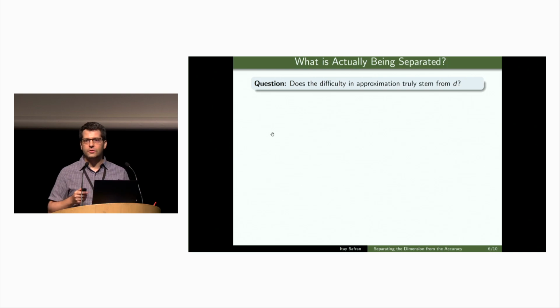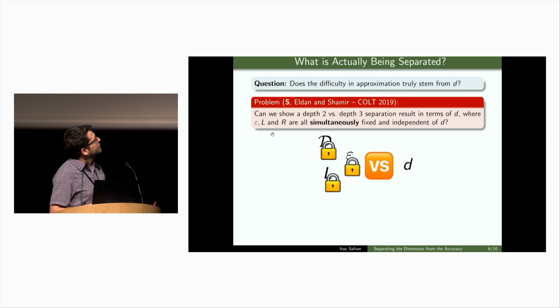So it's not clear who's to blame for this exponential dependence. It could be a different parameter than the actual input dimension. We observed this trade-off in a COLT paper from 2019, together with Ronen and Ohad, and we asked the following question.